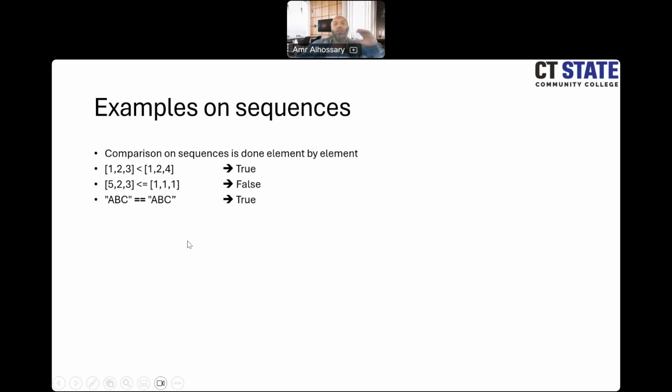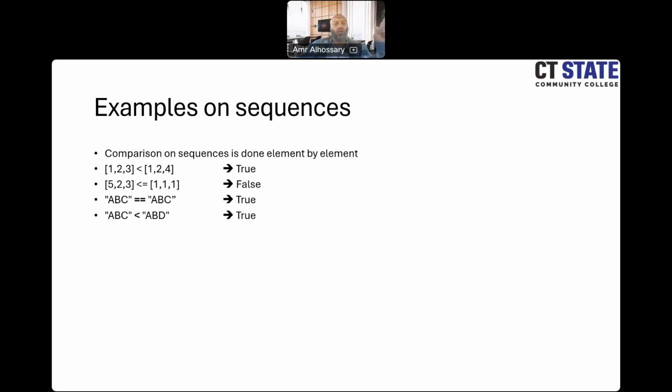Now let's do it again on strings. Strings, as I said, are sequences. So capital A B C compared to capital A B C, they are actually equal because A is equal to A, B equal to B, C equal to C. So the expression is true. A B C, is it less than A B D?